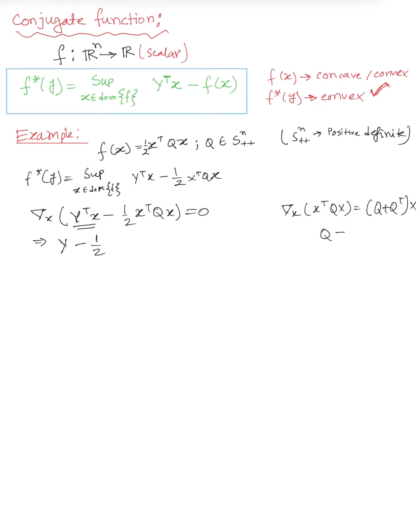Here Q is positive definite and also symmetric, so Q transpose is equal to Q. That means this is going to be twice Qx, equal to 0.